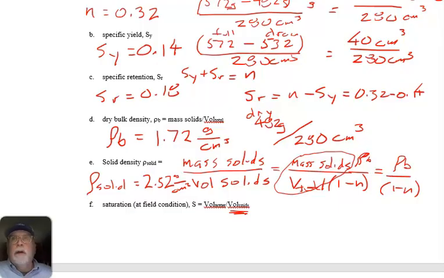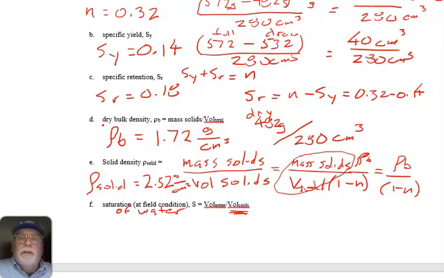And actually, we can have the saturation of water, the saturation of air, the saturation of, if we have a spill in there like we did with the underground storage tanks, the gasoline, or what we call a non-aqueous phase liquid. But the saturation, we're usually talking about water here. So the saturation, and we can talk about it at the field condition. So I'm going to write in here, of water.